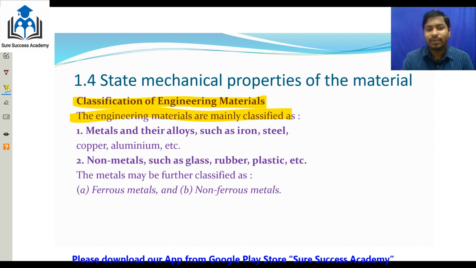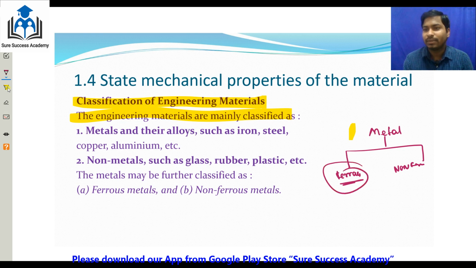Metals can be further classified: one is ferrous metal and the other is non-ferrous metal. Where the principal constituent is iron, that is called a ferrous metal. Where the principal constituent is not iron, that is called a non-ferrous metal.